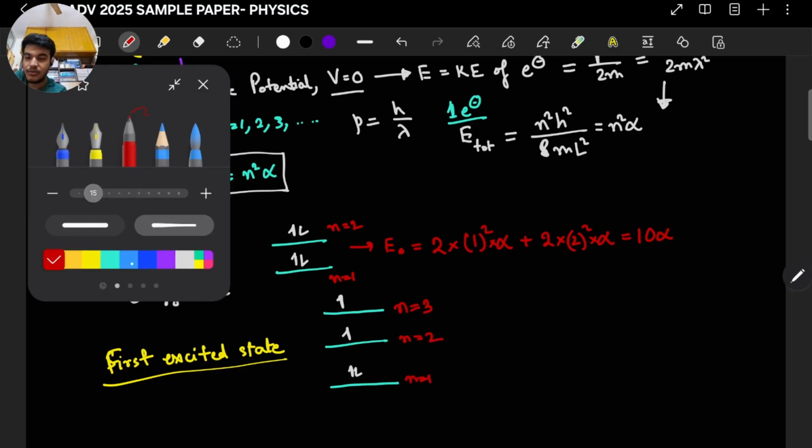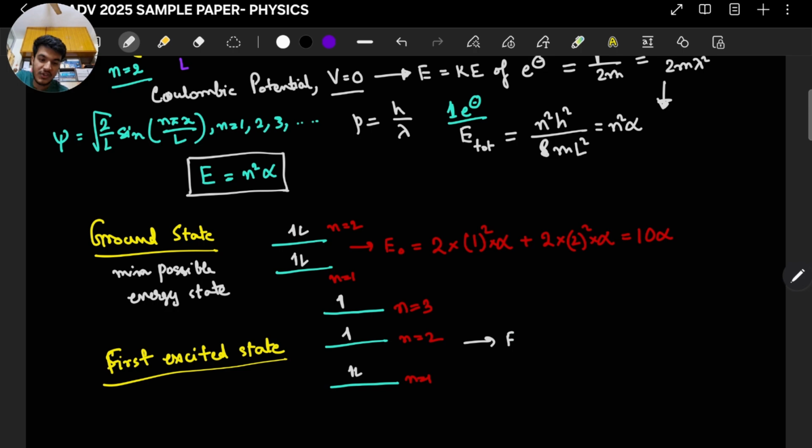So the energy corresponding to the first excited state would basically be E1, which is 1 square alpha plus 2 square alpha plus 3 square alpha. So it will be 2 plus 4, 6 plus 9, it will be 15 alpha.